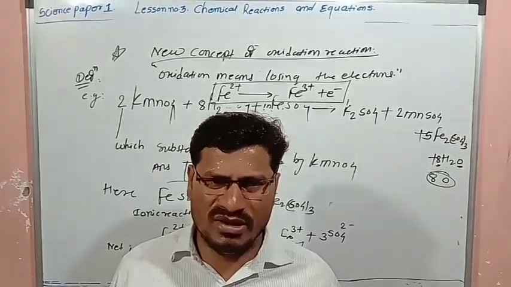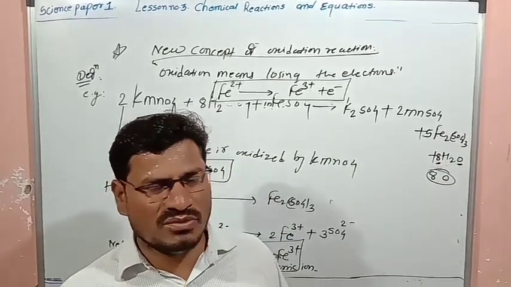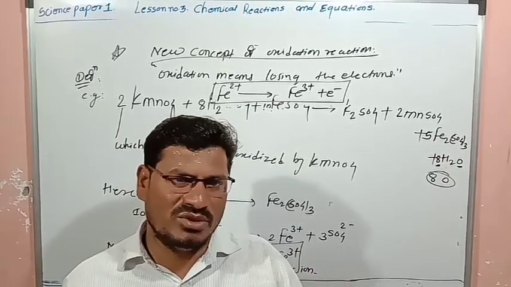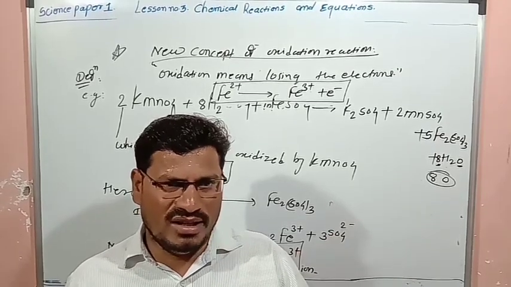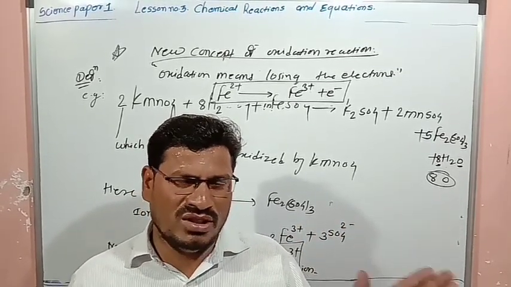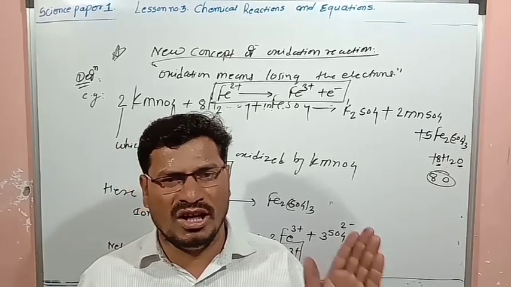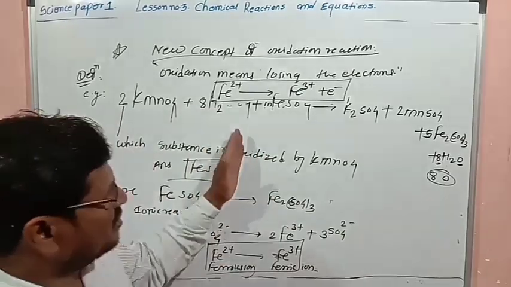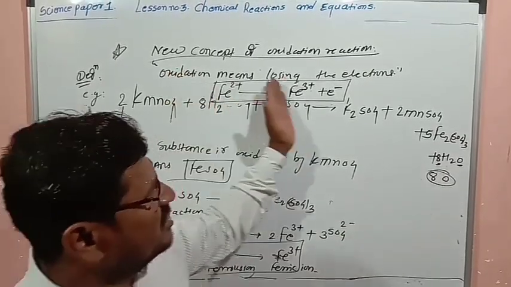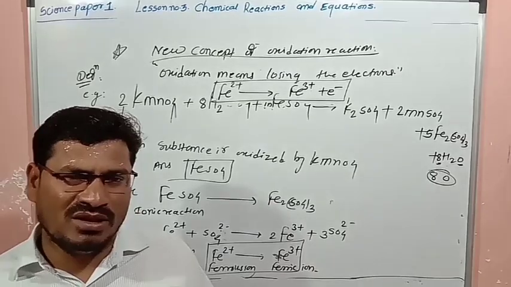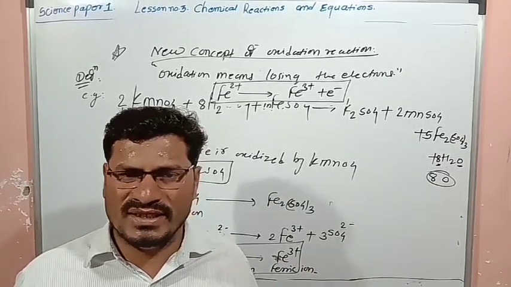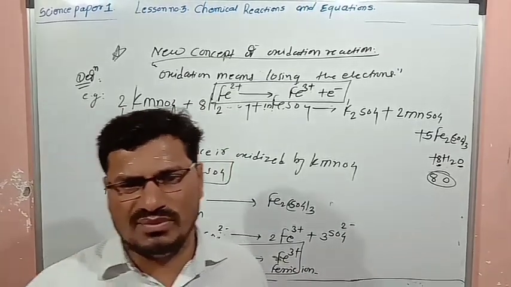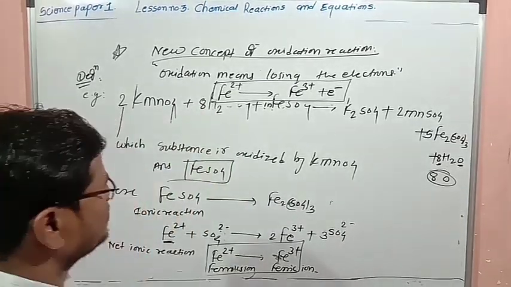And the old definition we studied before this: addition of oxygen or removal of hydrogen from the reactant is called an oxidation reaction. The new definition is that oxidation means losing the electrons. If a positive charge increases, then oxidation takes place. This is the new concept of oxidation reaction.